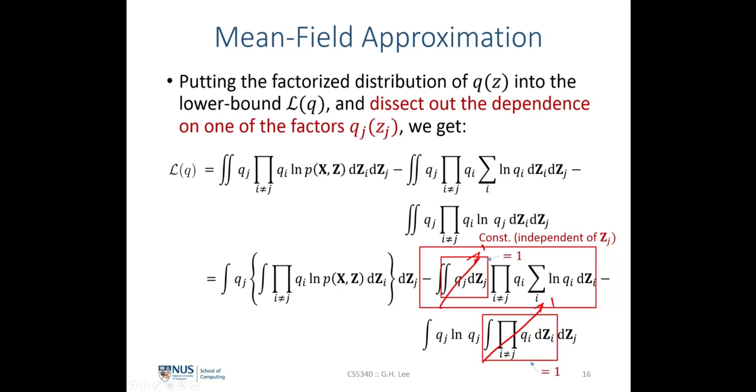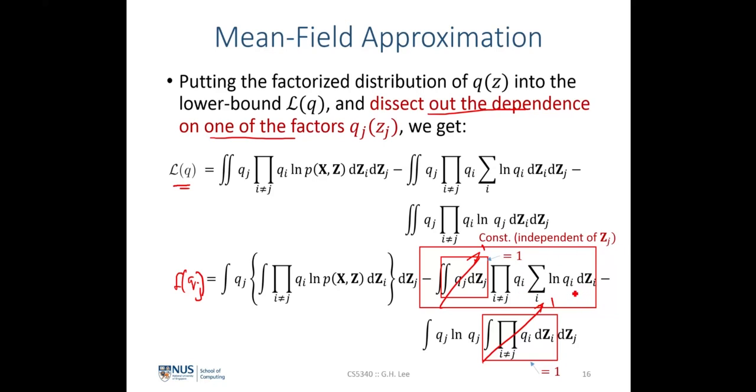And what's interesting here is that since our objective is to express the lower bound in terms of q of j, we want to dissect out the dependence on one of the factors, qj, which is our objective here. So what this means is that the second term, after integrating over zj, which becomes 1, we can note that the whole term is independent of zj.